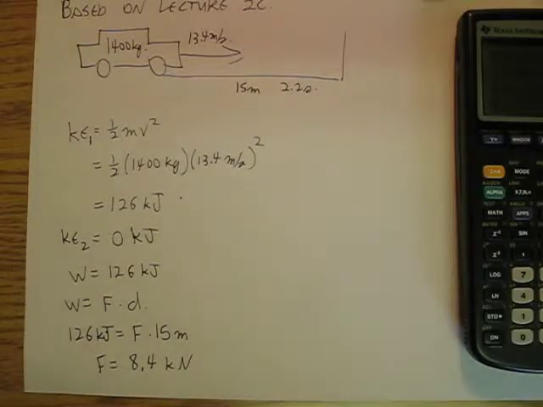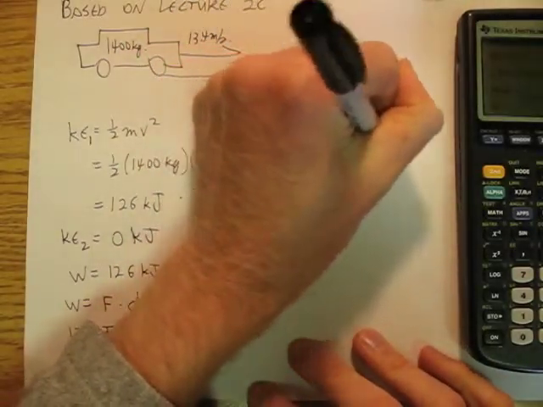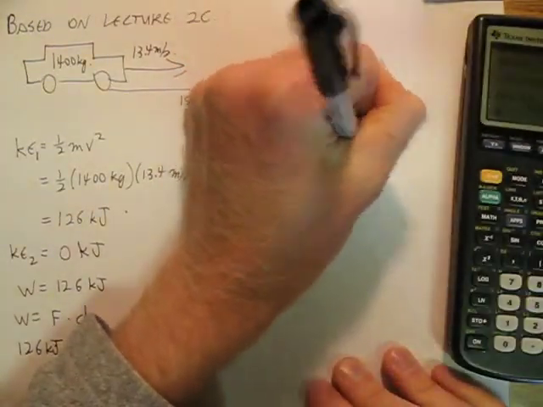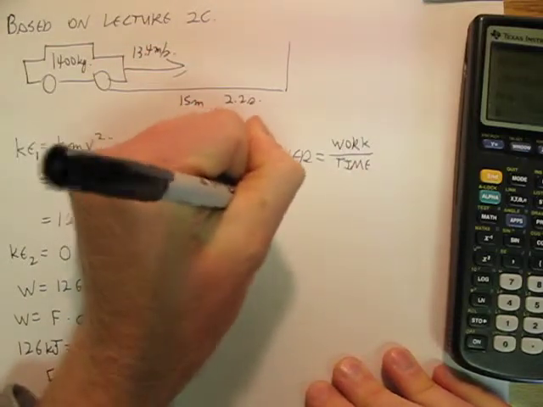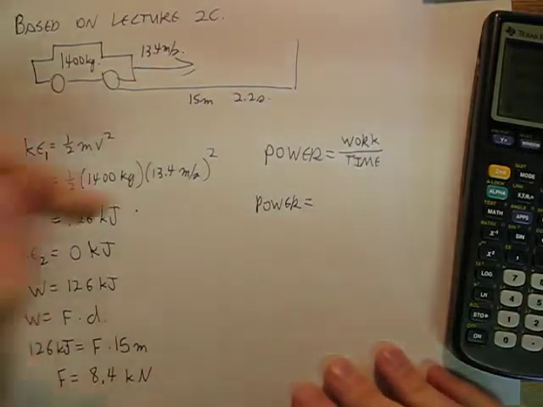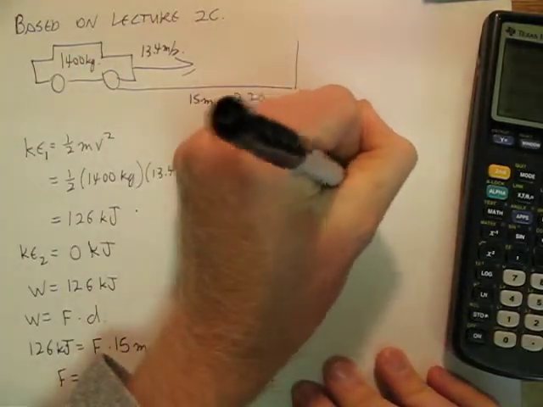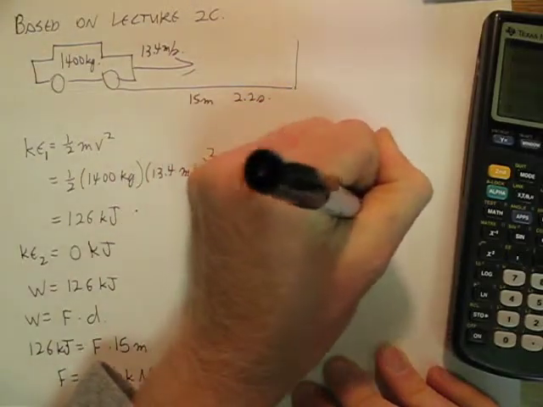And then you can also say, well, what was the power? Well, power was work divided by time. So my power was going to be 126 kilojoules divided by 2.2 seconds.